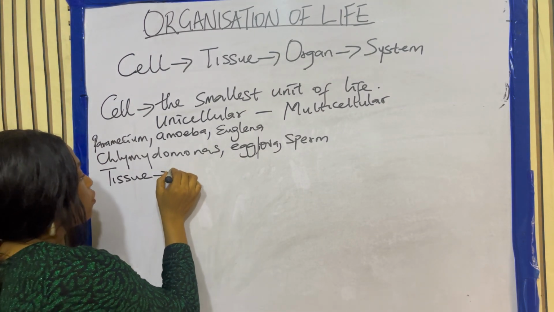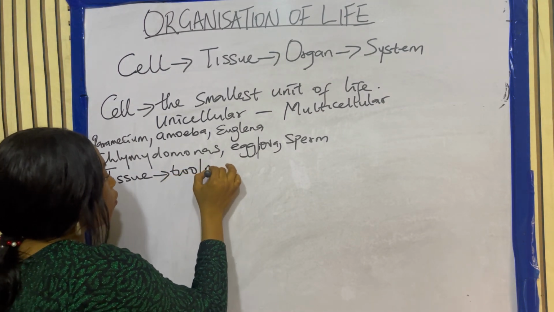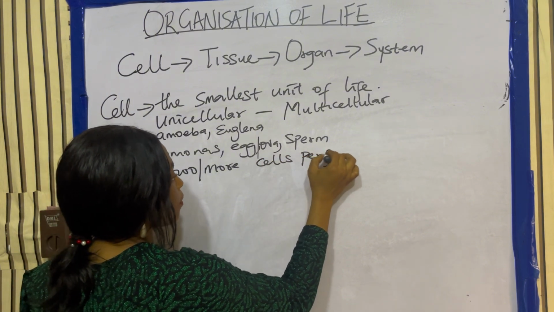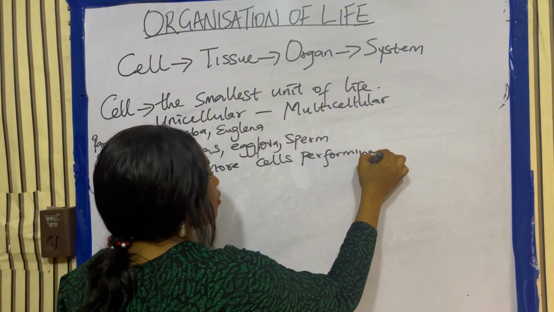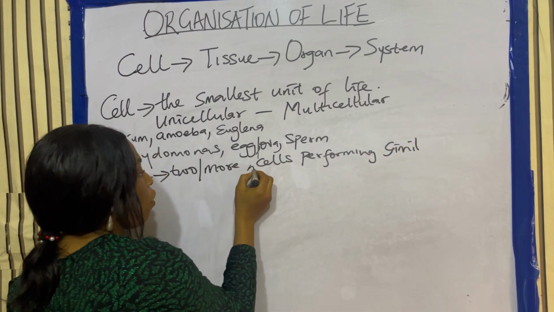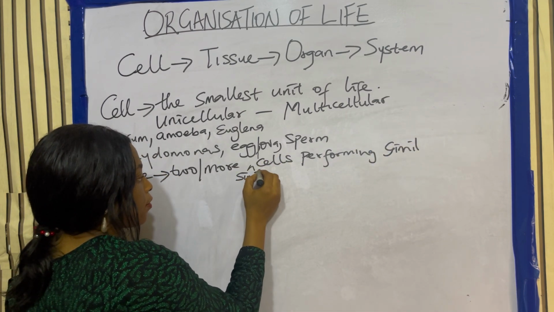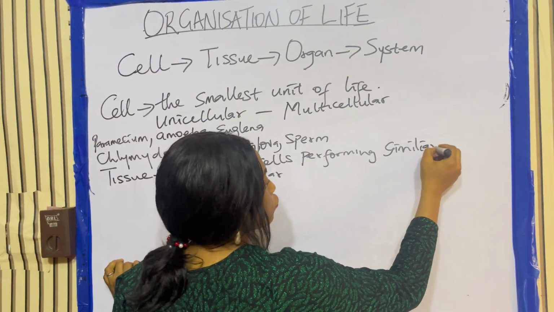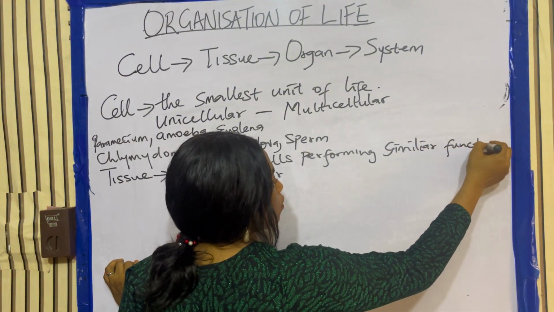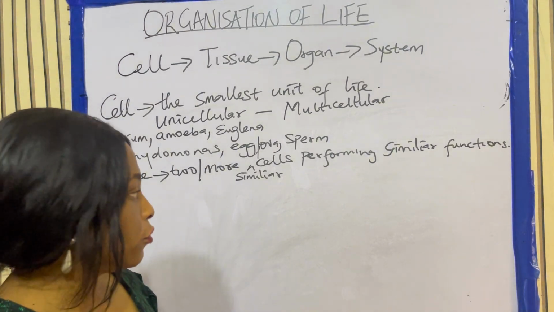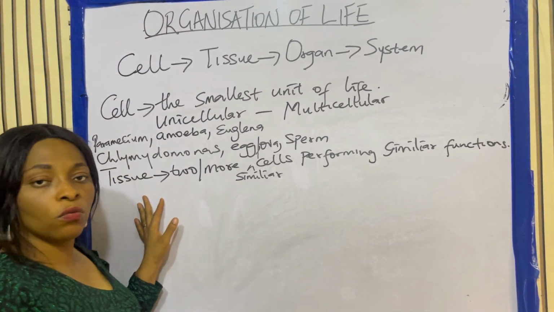When you combine two or more cells performing similar function, two or more similar cells, please. Two or more similar cells performing what? Similar functions. We get what we call what?